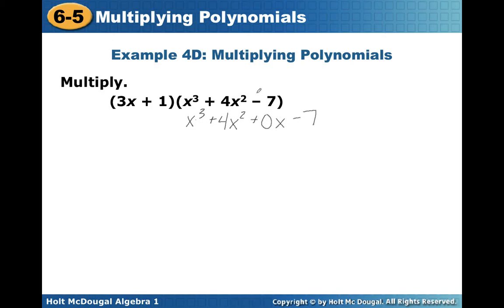Because there's no x, it's technically a secret little one right here that says 0x. And you need to make sure that you look at that. Why? Because the box method won't actually work if you don't have every piece. Now, if we were to do box method, I would have to do a 2-piece by a 4-piece, including that 0x.